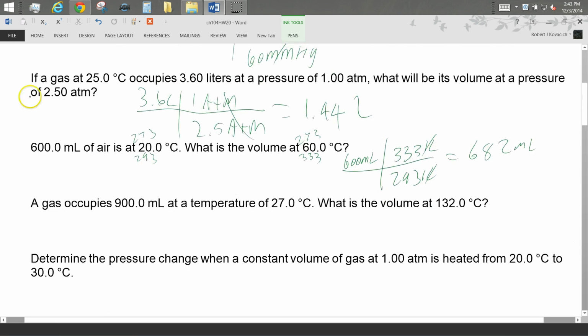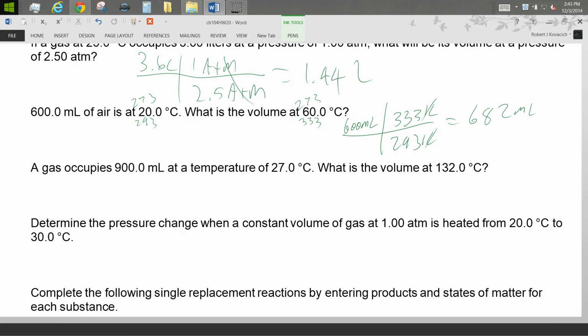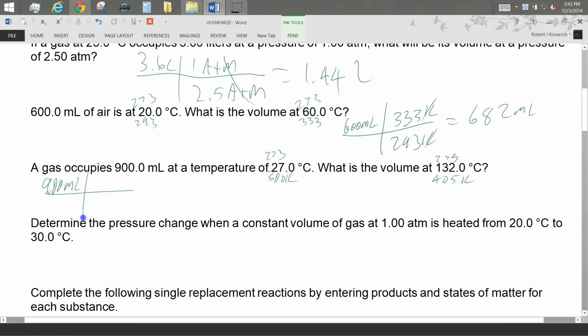So this next one is the exact same problem as the last one, right? Swapping over to Kelvin units, and so 273, 300 Kelvin, 273, 405 Kelvin. So I've got 900 milliliters, and it gets hotter, so it's going to get bigger.